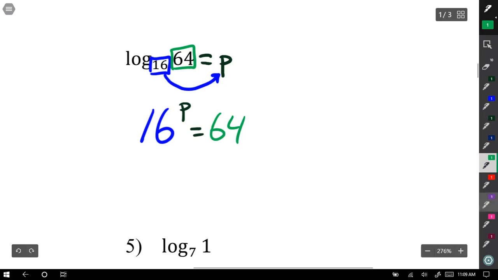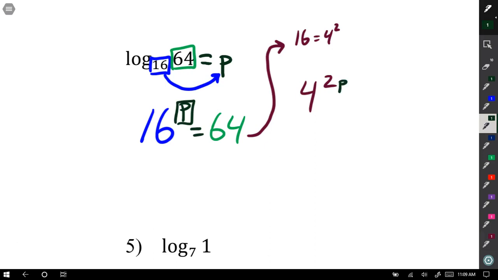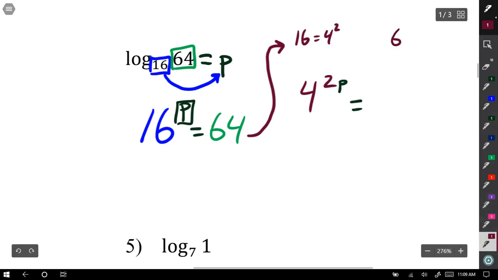Well, 16 squared is 256, so I can't change one base. I have to change both of them. So 16, I know that's 4 squared. So I have 4 squared, but remember, I still have this P here. So boom, 4 to the 2P equals, now let's see, 64.